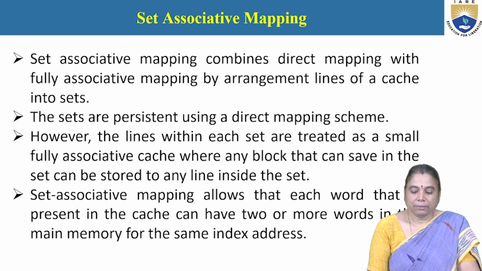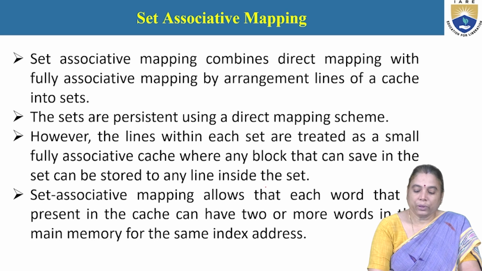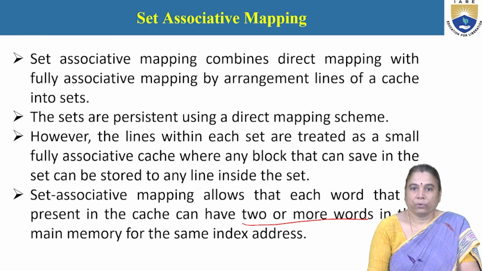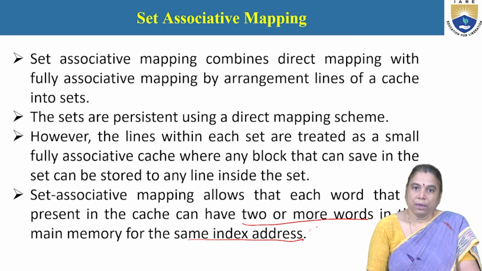However, the lines within each set are treated as a small fully associative cache, where any block that can be saved in the set can be stored in any line inside the set. Set associative mapping allows each word present in the cache to have two or more words in the main memory for the same index address. In this way the sets are maintained.